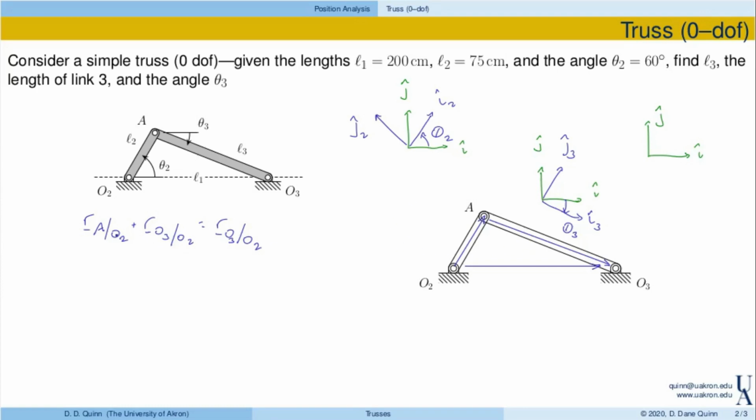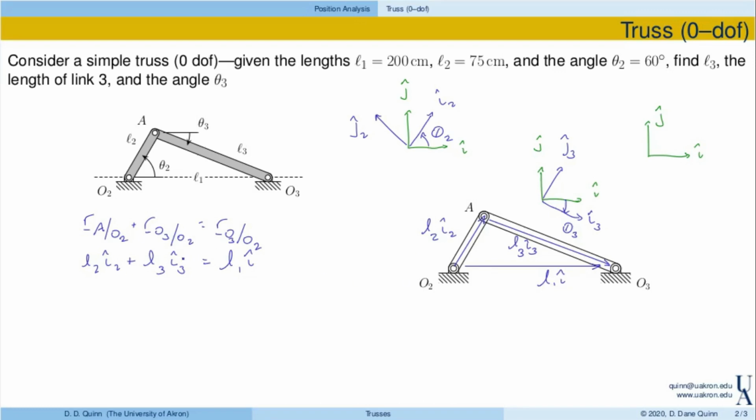So now, these three vectors reduce to L2 in the I2 direction, that's this vector, plus L3 in the I3 direction, that's this vector, and that's going to be equal to L1 in the I direction.